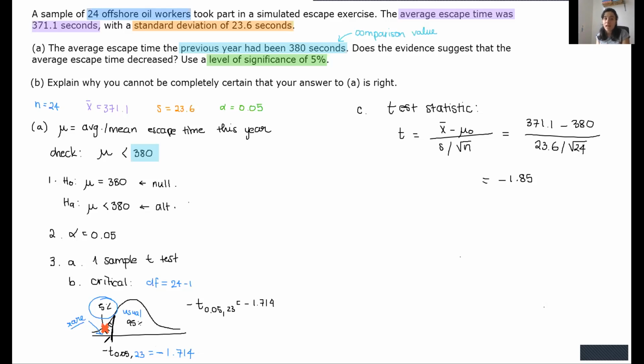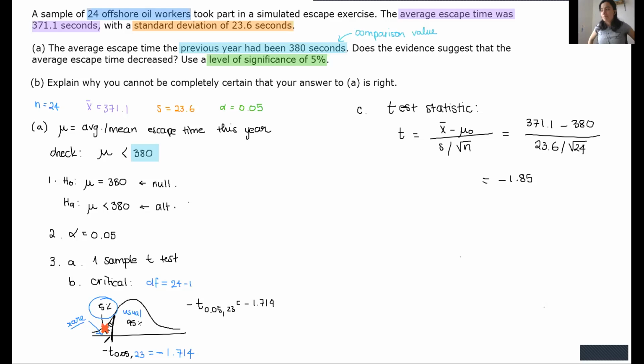Most likely what's actually happening is that the average time for all workers is smaller than 380. That might mean that the actual average for all workers is 371 seconds, but it might also mean that it's 375 or 374. I don't know. All that I have evidence for is that it is most likely smaller than 380. Does this make sense for everybody?